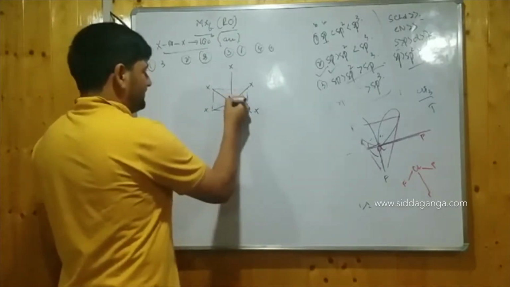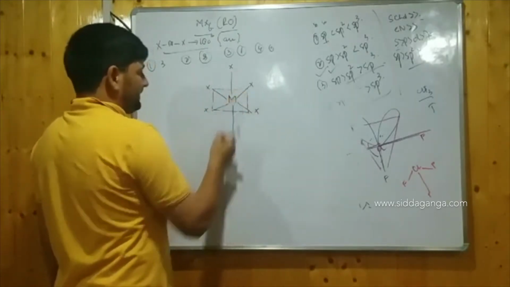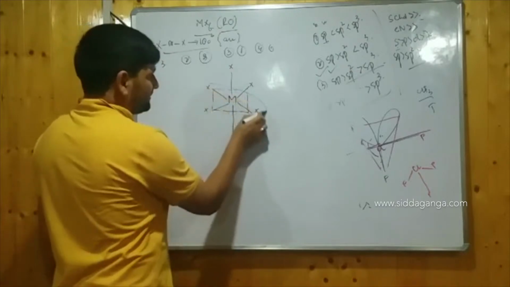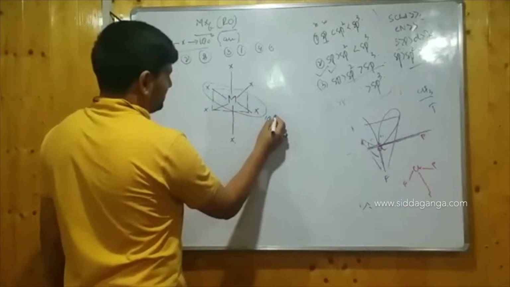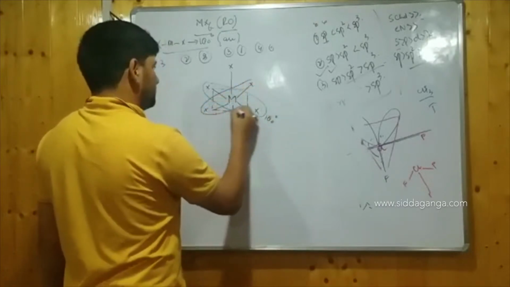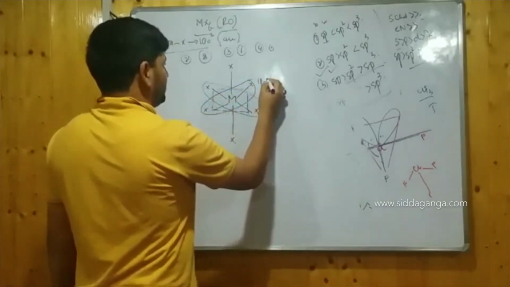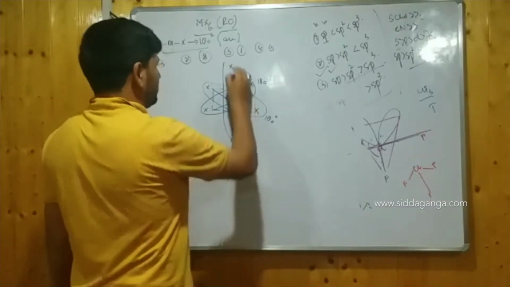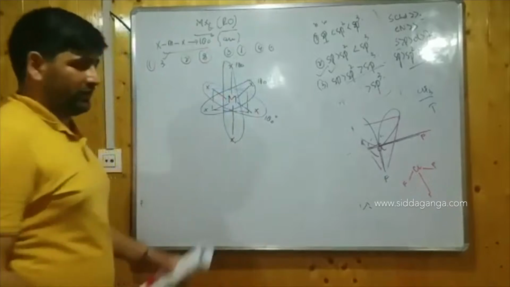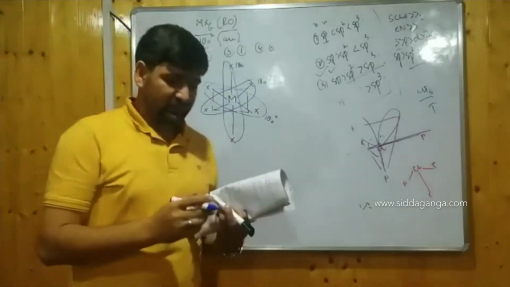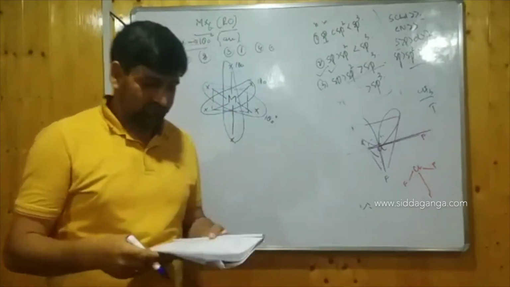This angle is what degrees? 90, 90, 90, 90. This angle is XMX, 180 degrees. This one is also 180 degrees. And this one obviously is at what degrees? 180 degrees. So the total number of angles at 180 degrees are how many? 3. Yes, very good. Next question.